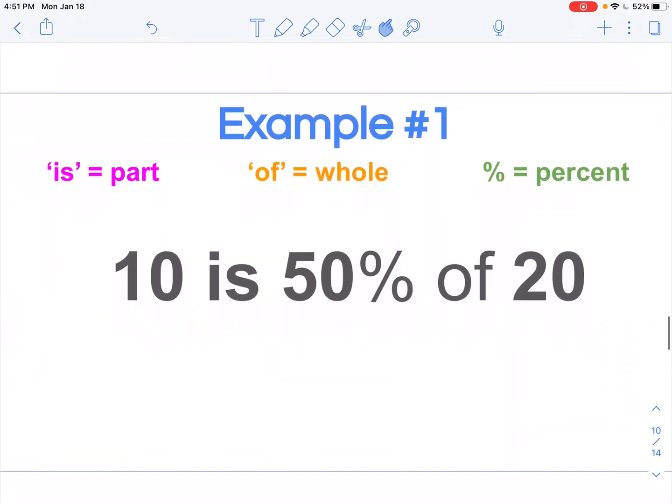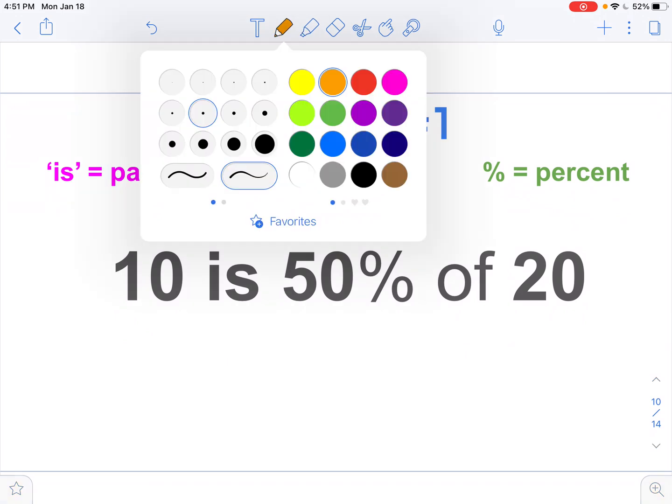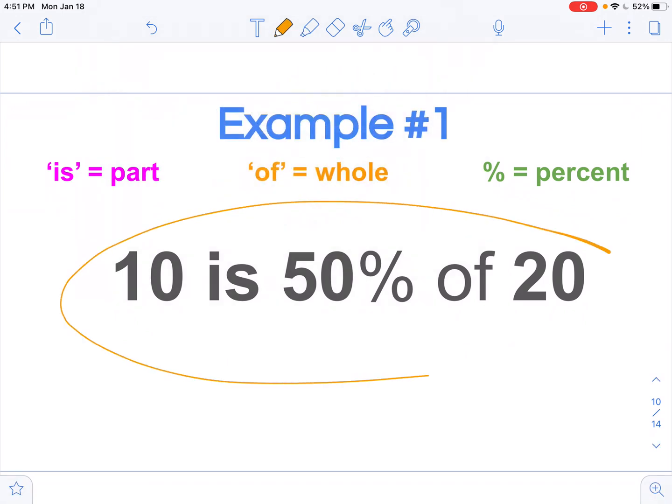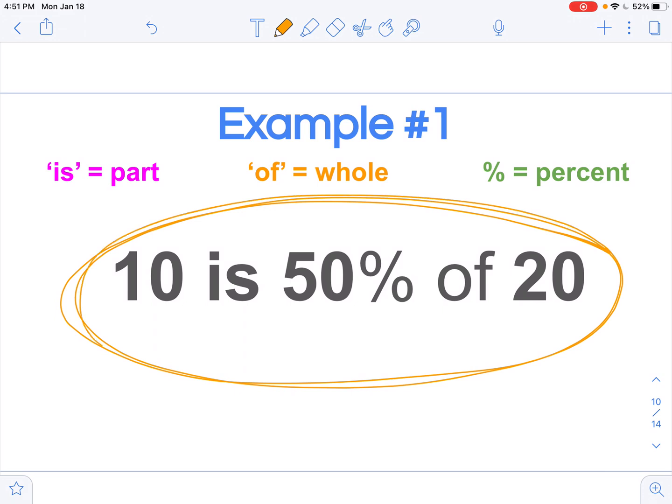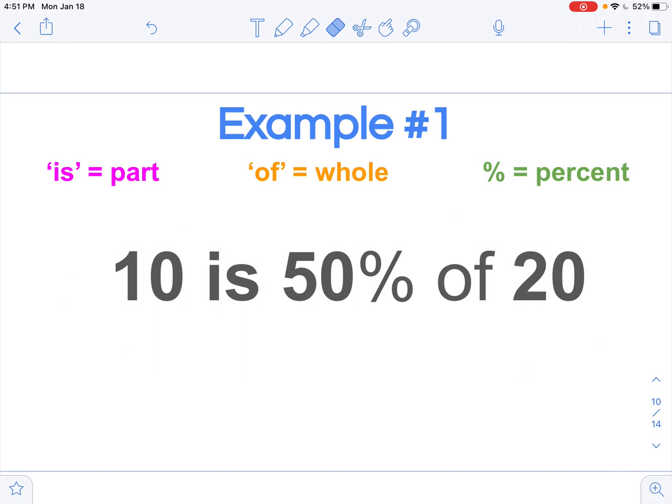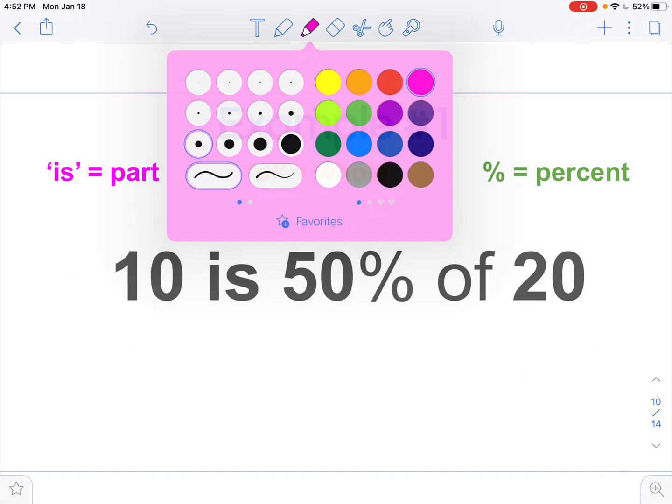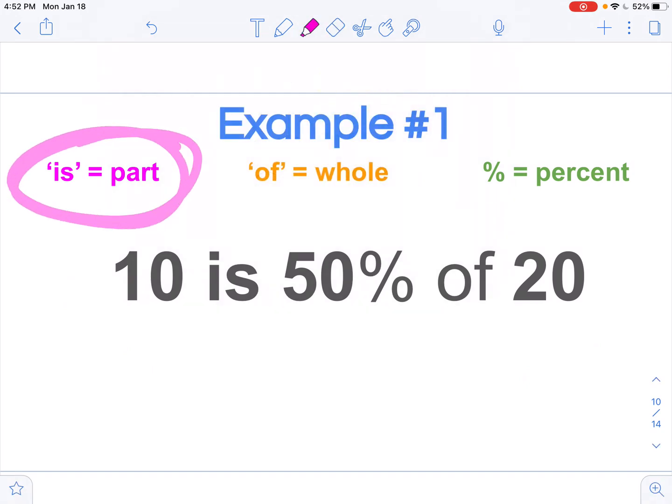Example number 1. Here is our statement: 10 is 50% of 20. So now you can start to see how the words is and of come into play. So if I wanted to find the part, this pink is a signal word for the part. Do you see how the 10 is right next to that word is?